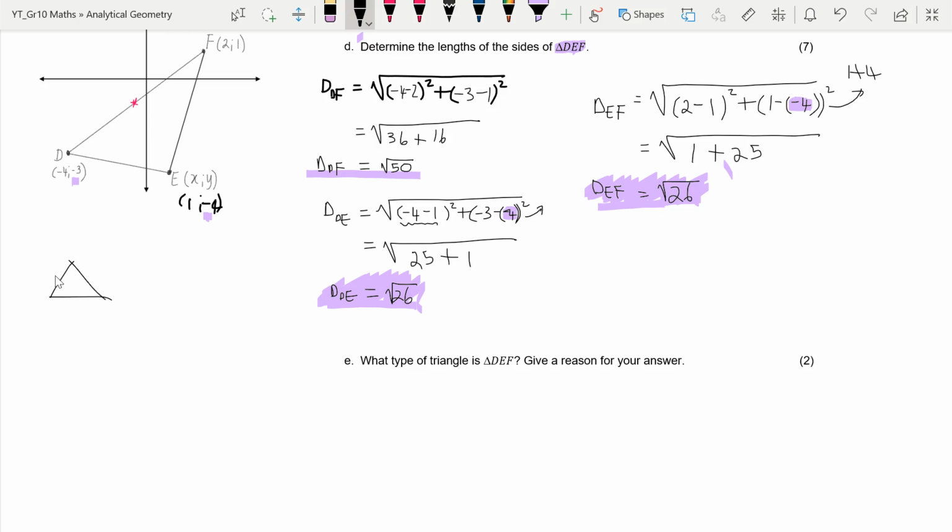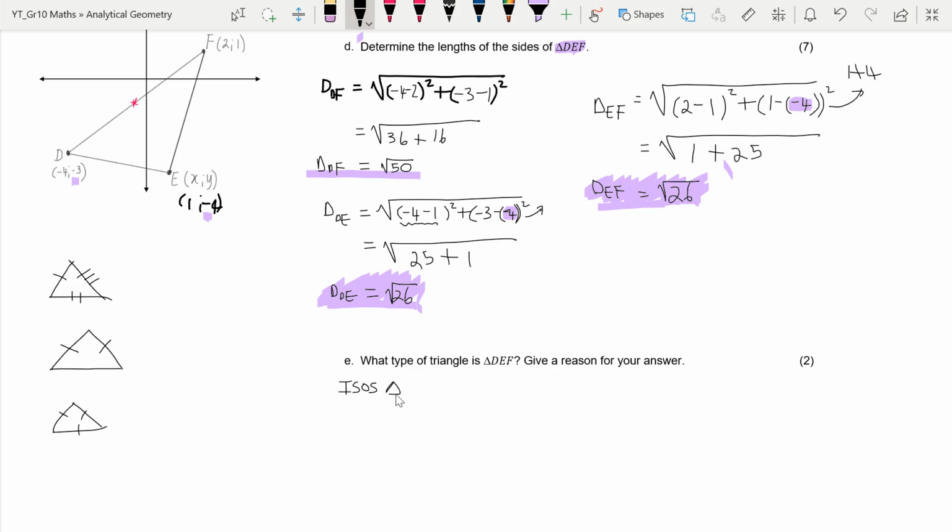We can have a triangle with three different side lengths, and that will be a scalene triangle. Then we've got a triangle with two sides that are the same, like the one that we're dealing with, and that is your isosceles triangle. And then you can get your triangle where all three sides are the same, and that would be an equilateral triangle. So we are going with isosceles triangle.